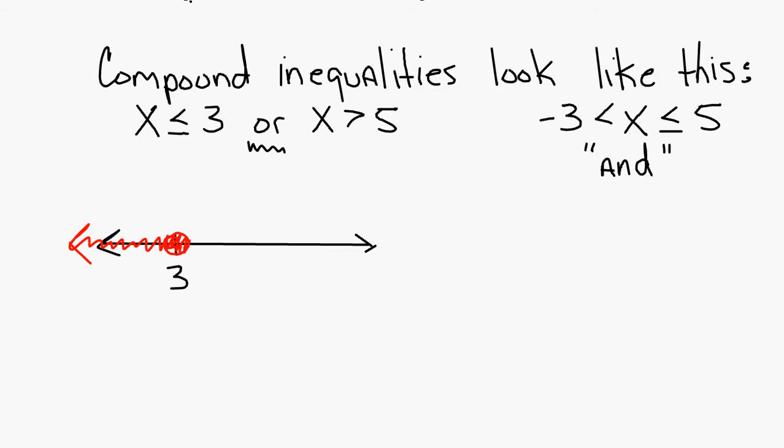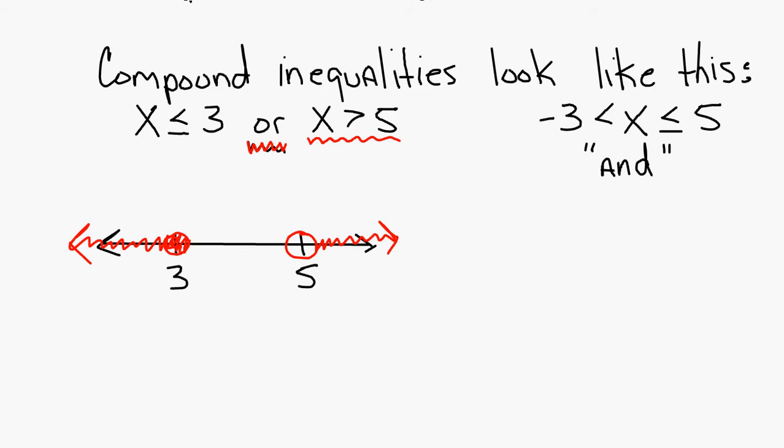You put your 5 on the number line, and in this case, x is greater than 5, so it's an open circle, and it's going to the right. Or compound inequalities almost always get shaded opposite of each other. So in this case, all the solutions are less than or equal to 3, or they are greater than 5.